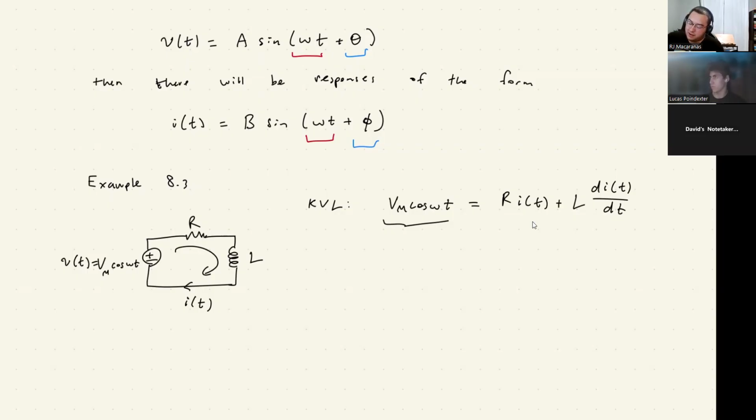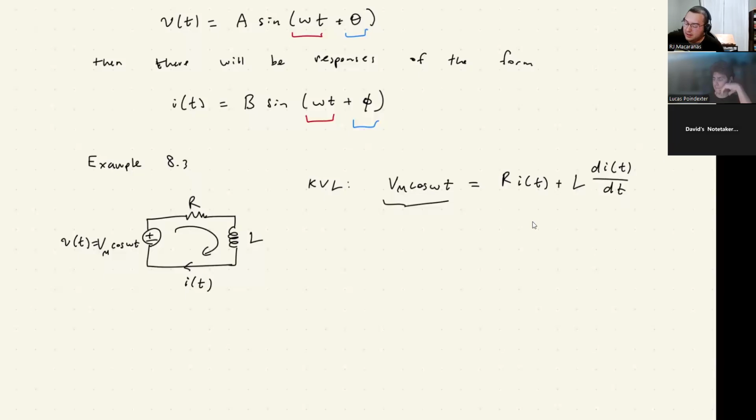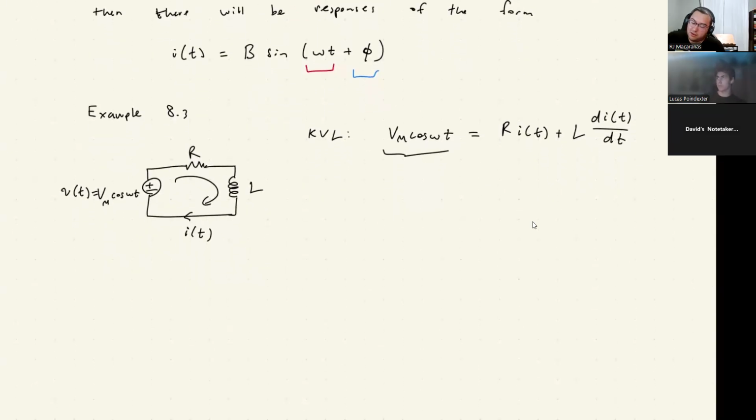But it turns out if you have this cosine, a complex forcing function, it becomes pretty difficult to solve the differential equation. You can take a look at the textbook to see how to go about doing so, but to give you some context, it takes them about a page and a half of math just to solve this really simple circuit.